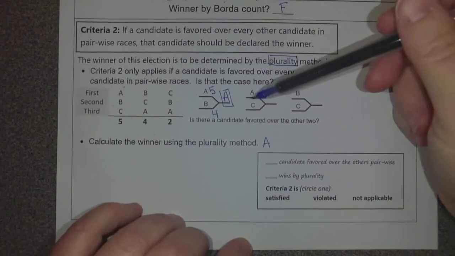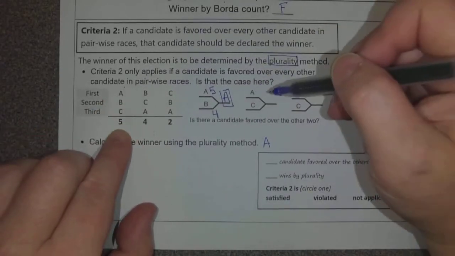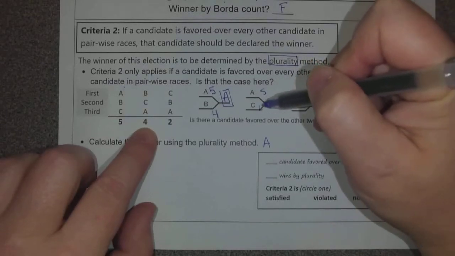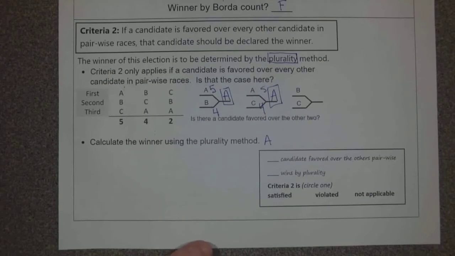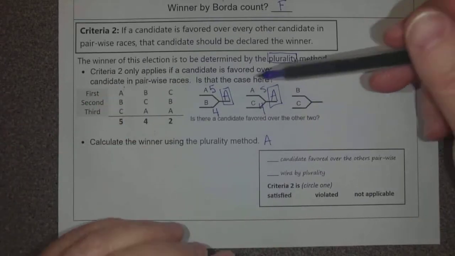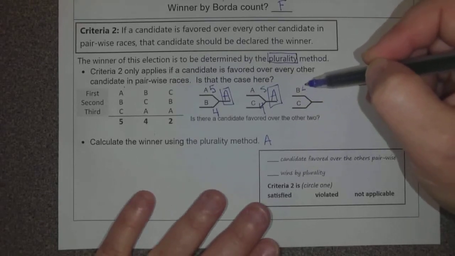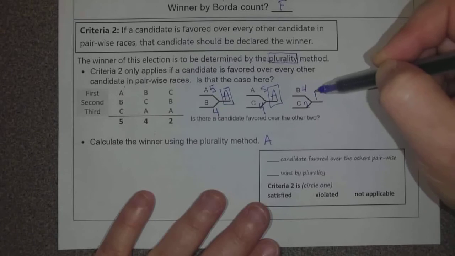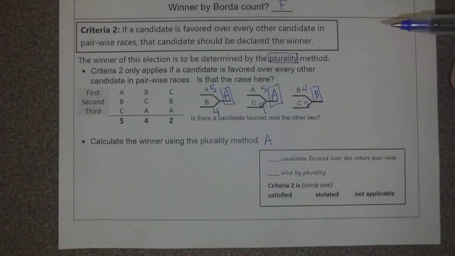Okay, now let's look at A and C. A has 5, C has 4, so A wins again here. And then here, B and C doesn't actually use A to compare, but if we did B and C, we'd have 4 and 3, which means B would win this time. But we didn't use A in that comparison.